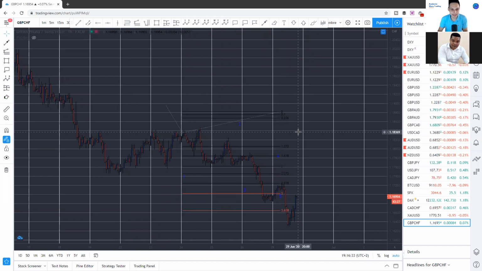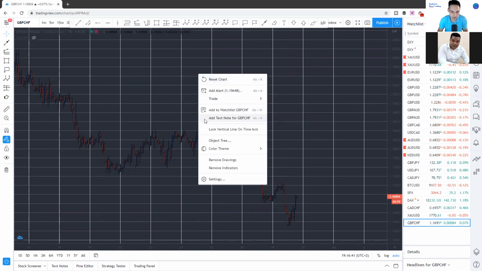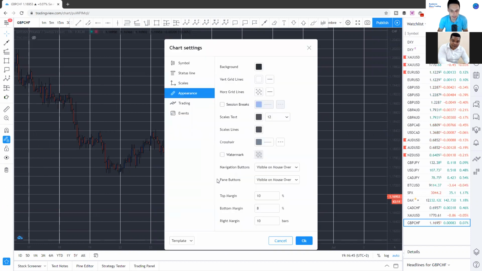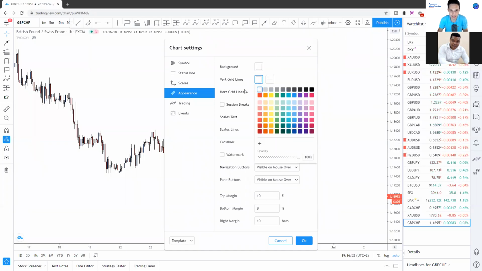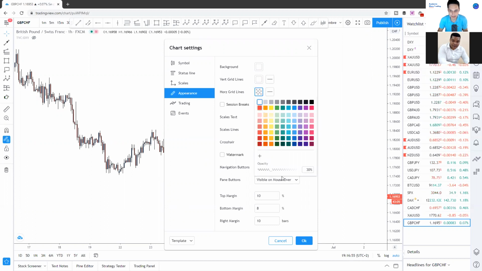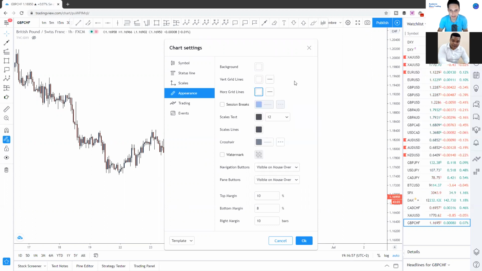Then the first thing is we have to read the price correctly. In order to do that, we right click on the platform, go to settings, and then just go for white. Vertical lines white, horizontal lines white as well. Then we don't have anything on the background.